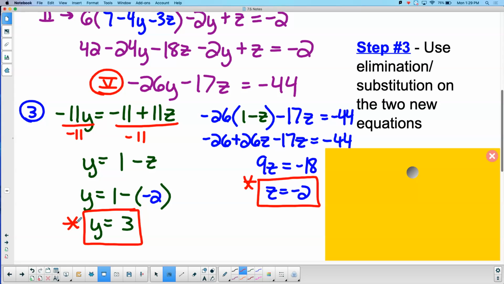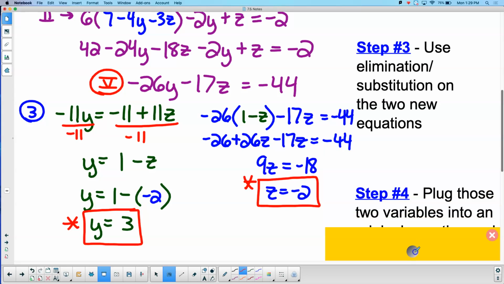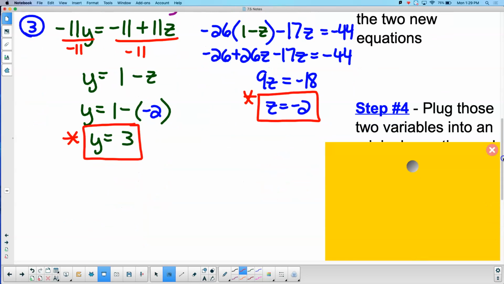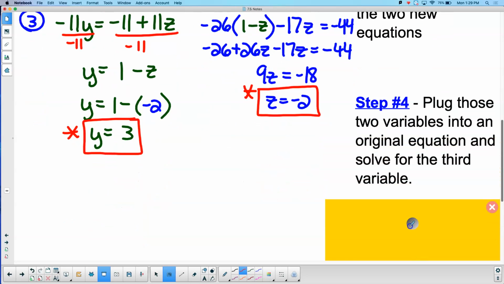So what we're going to do is plug those two variables back into one of our original equations to get our third variable. I would probably go with equation number 3, because equation number 3 has just x by itself.